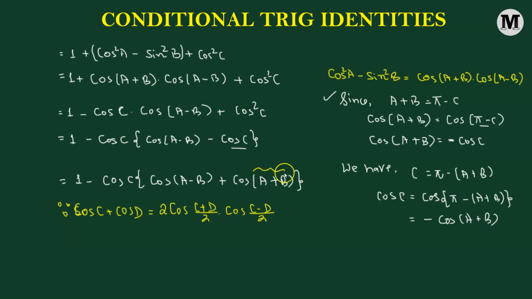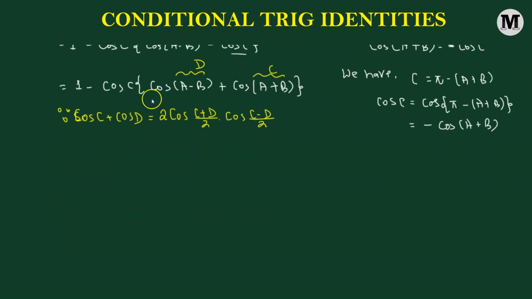For simplicity, let's consider A plus B to be C and A minus B to be D. Now what we will get is 1 minus cosine of angle C multiplied by cosine of D added to cosine of C, so we'll get the factor 2 multiplied by cosine of the angle.